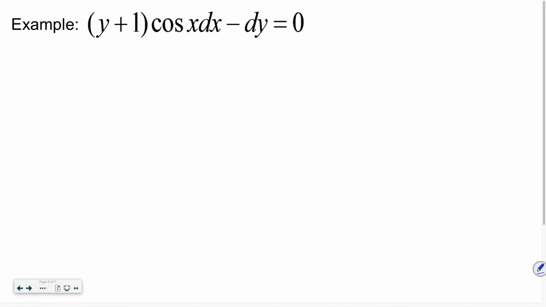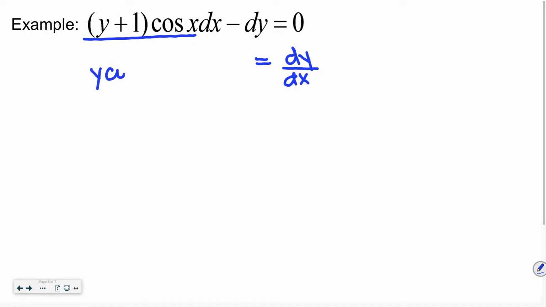Okay. Is this in standard form? I wouldn't divide yet. You would need to add dy over first, and then divide by dx, and that's not really how we want it.